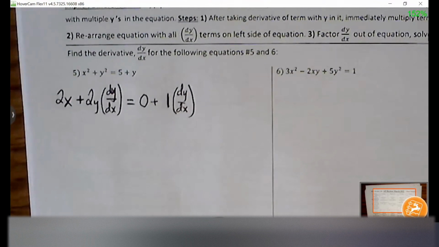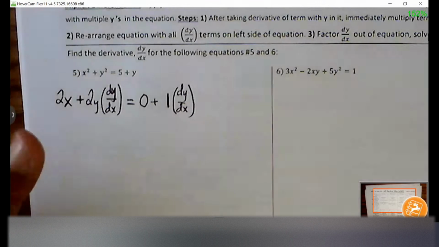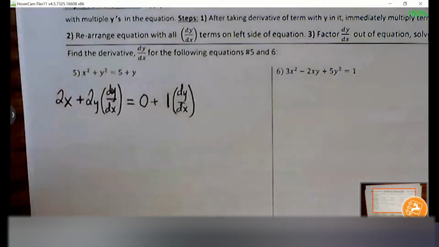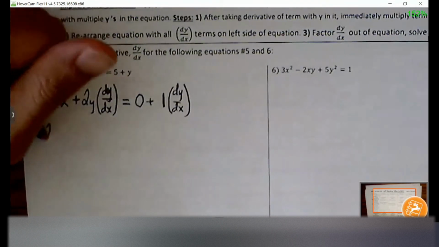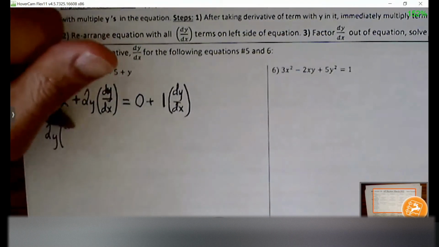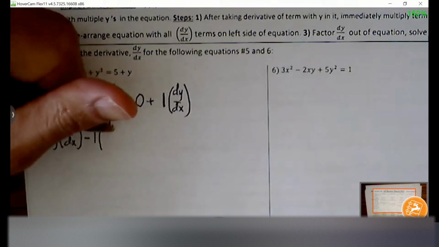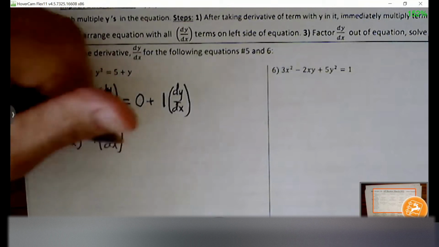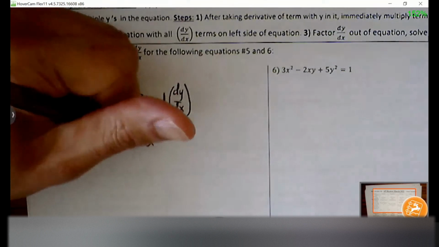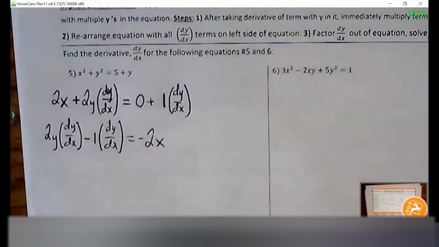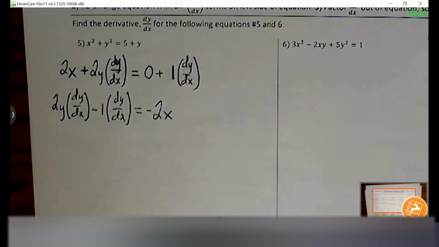Okay, so we're done with the calculus. Now we're just going to rearrange, put the dy dx on the same side, and then separate it from that 2x that doesn't have dy dx in it. Okay, we factor that dy dx out.